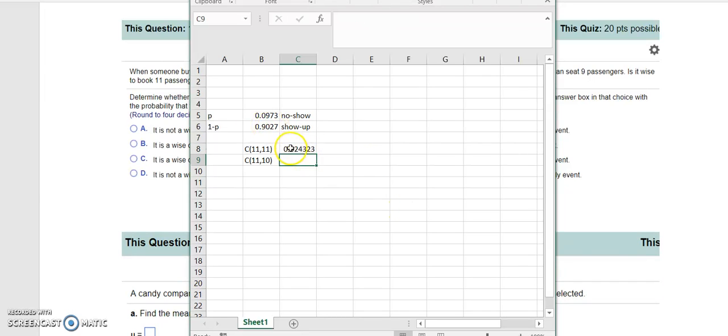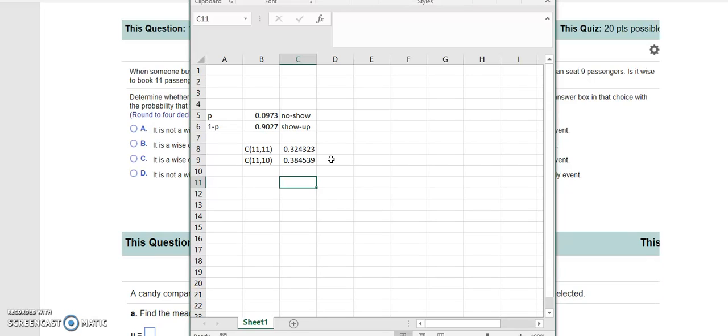So that's the probability of the worst case scenario, every single person shows up. And then the second worst case scenario is 10 people show up and only 1 person doesn't show up. So that's the show up probability to the power 10 multiplied by no show up to the power 1, which I don't have to write.